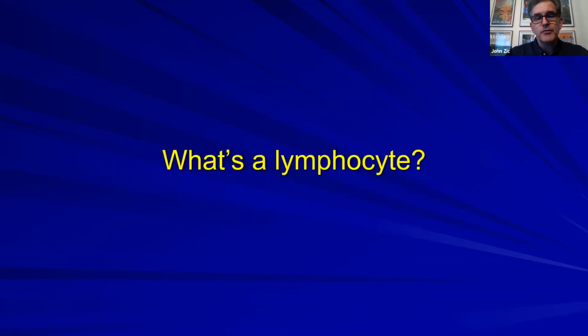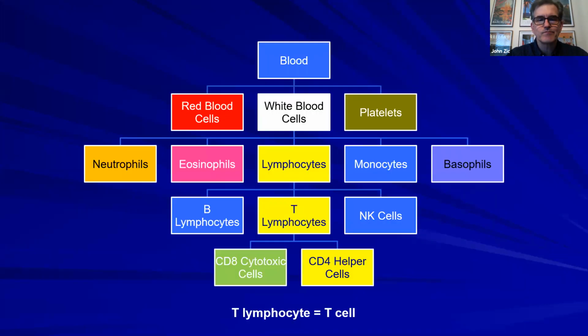I've done this before for patient educational sessions, and that is just to give you an overview of what a lymphocyte is and what its role is in the immune system. This diagram looks like an organizational chart, and is meant to show you the major components of blood and the breakdown of white blood cells.